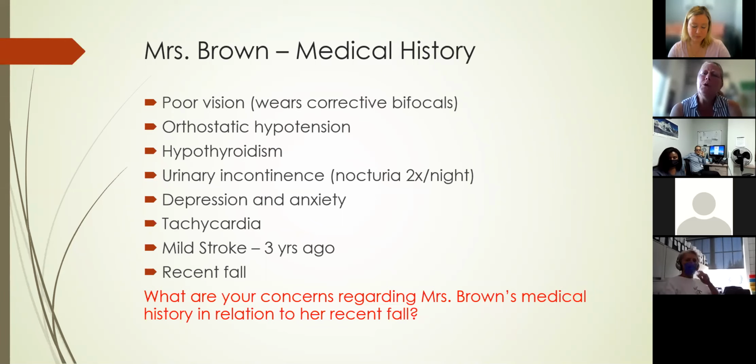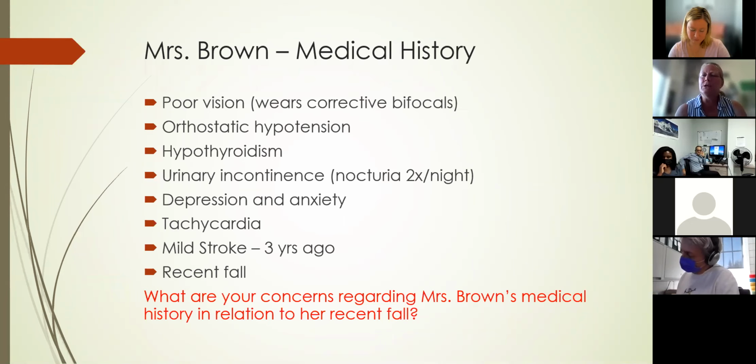But when you look at the medical history, bifocals can be a factor that cause problems with falls. The person looking through the bifocal, stepping down the step, especially if it's rather new glasses that she's having, they can be a factor in falling.